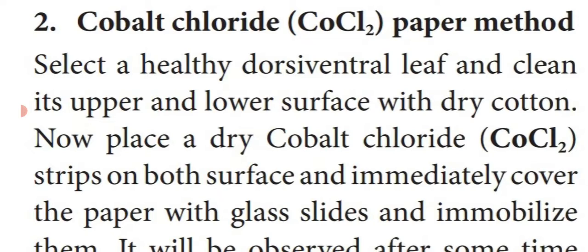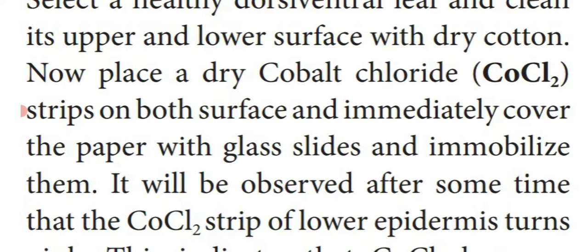And clean the upper and lower surface with dry cotton. That means we have to use dry cotton to clean the upper and lower epidermis or surface. Now place a cobalt chloride strip on both the surfaces and immediately cover the paper with glass slides and immobilize them.